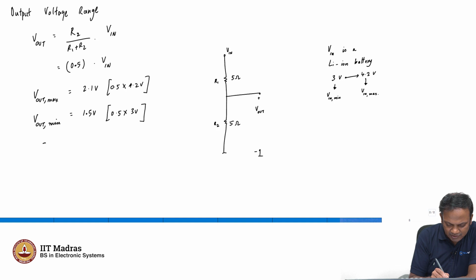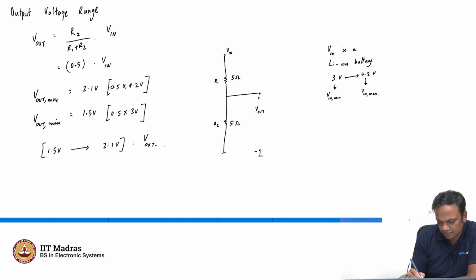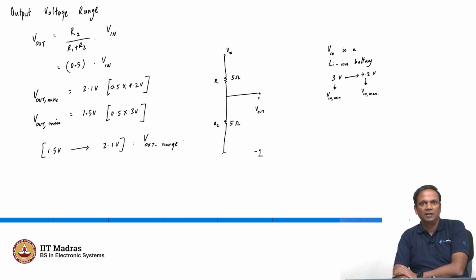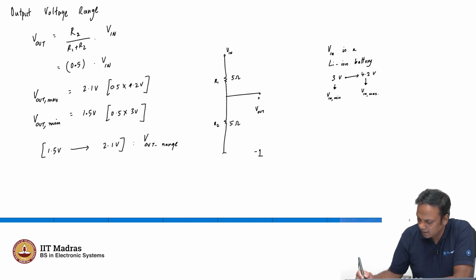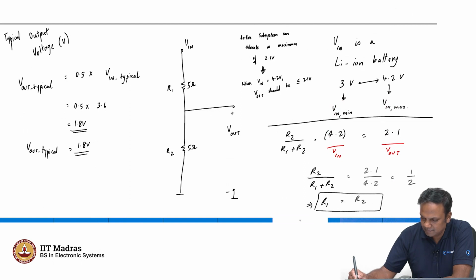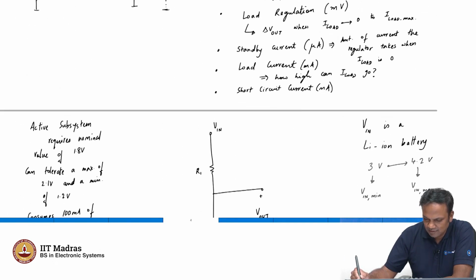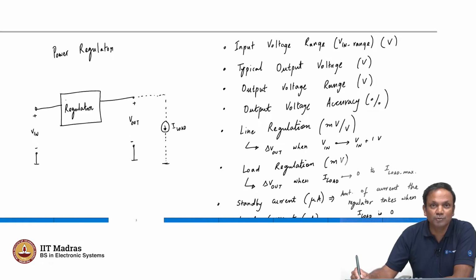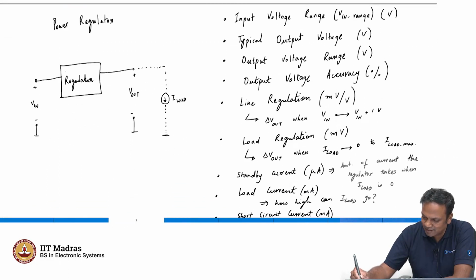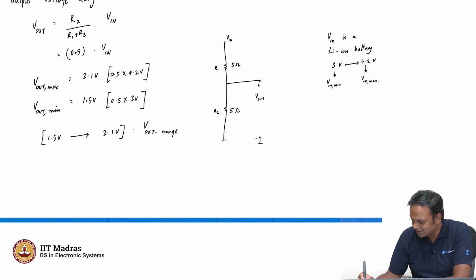So, the V out range is just 1.5 volt to 2.1 volt. This is the V out range. Let us look at the next parameter. If this all looks too basic, just bear with me, it will get a little more interesting in a second.